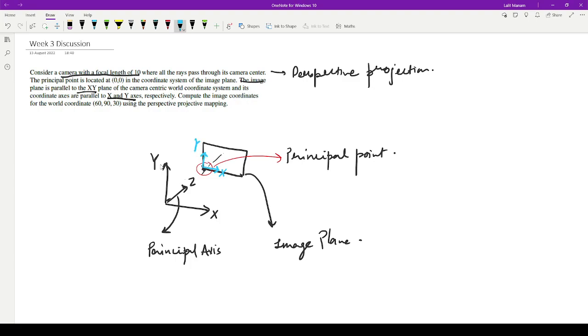What is the focal length here? Can anyone tell me? What is the focal length? Can anyone just tell me that in this figure?